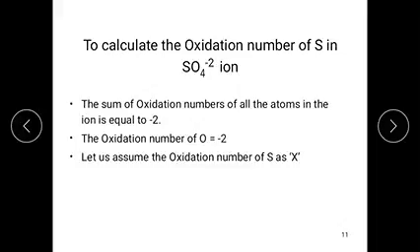Here there are two types of atoms, sulfur and oxygen. Their sum is equal to the charge of the ion, that is minus 2.